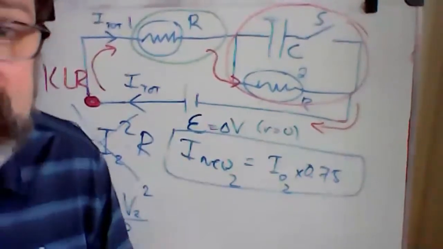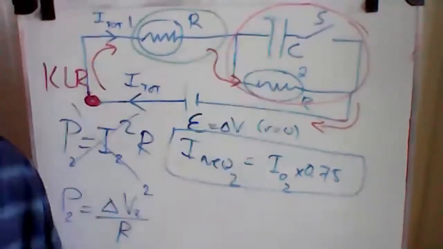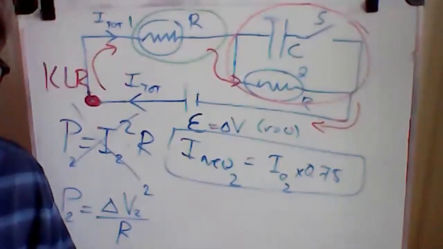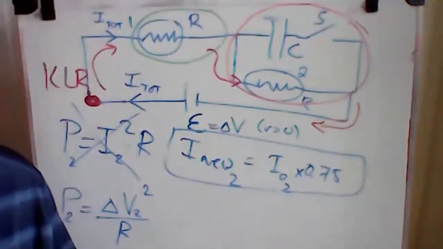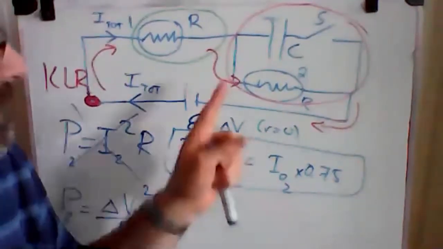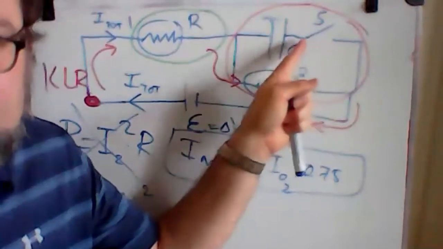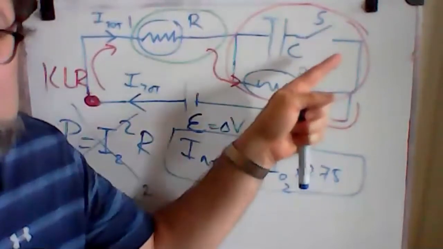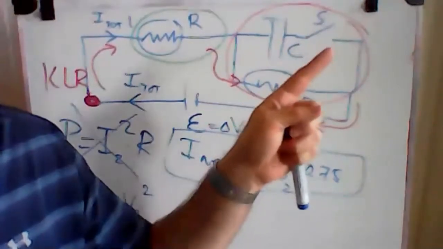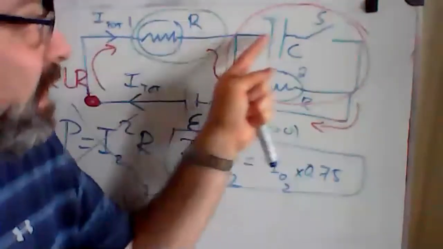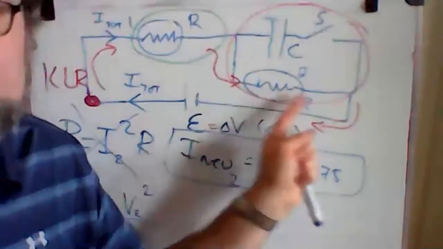So right after we close the switch, this capacitor will act as what? An empty wire, an open wire, right? So it basically means that if we close, just a short circuit initially, so we close this thing, that means at that point, this current will flow right through here, and there'll be no current down here.